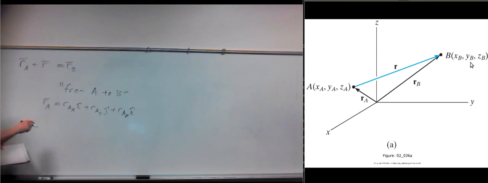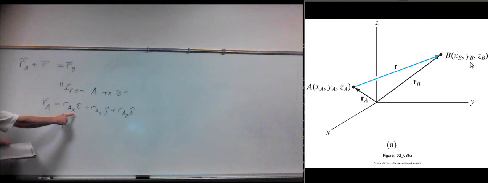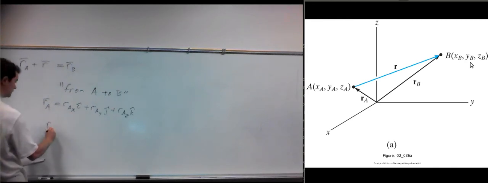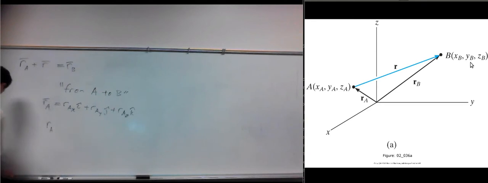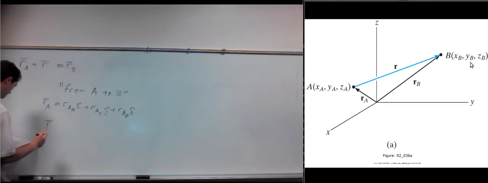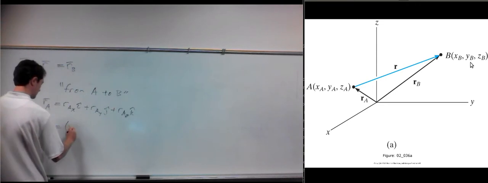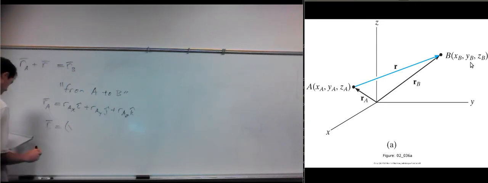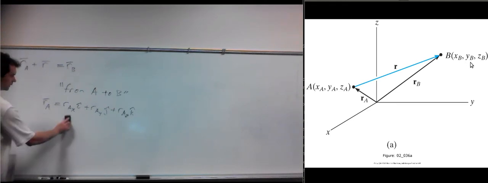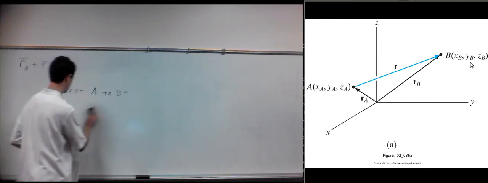Okay, so using this, and this is the same thing for RB, we just substitute RBX. In this equation, we will get vector R is equal to, okay, well, let me rewrite this because it doesn't match with your figure.